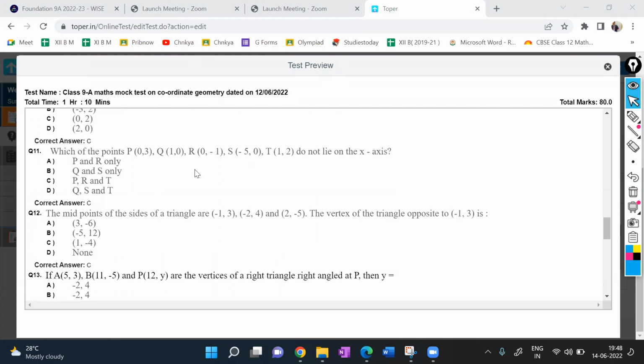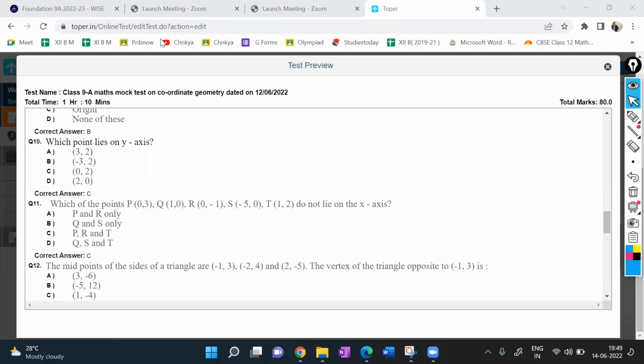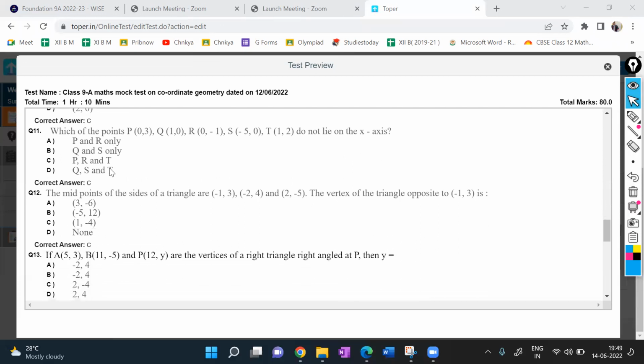Done. Next question. Tell me, guys. So option C is correct for the 10th one. 11th question.